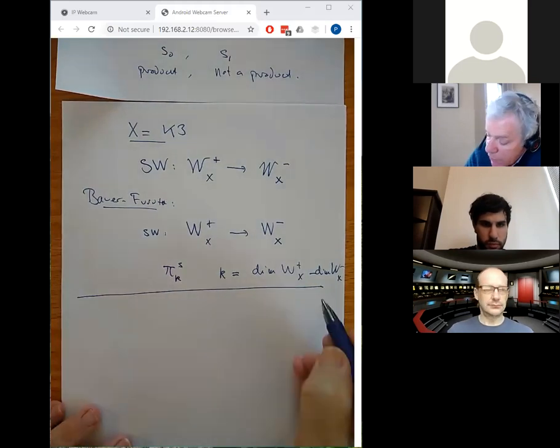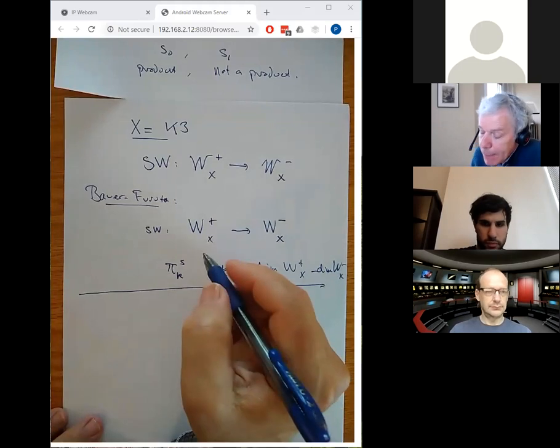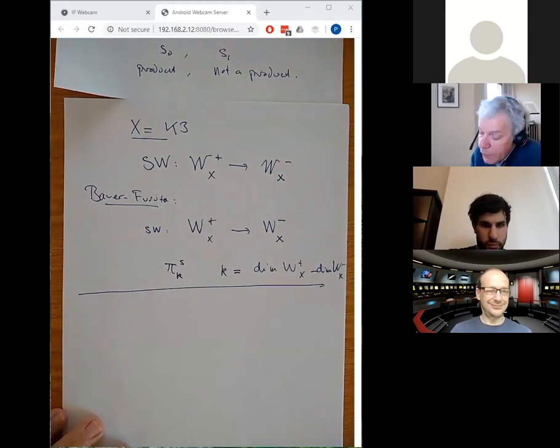In Bauer-Furuta you have to take large enough ones, but actually small is big enough here. And what is the right answer?